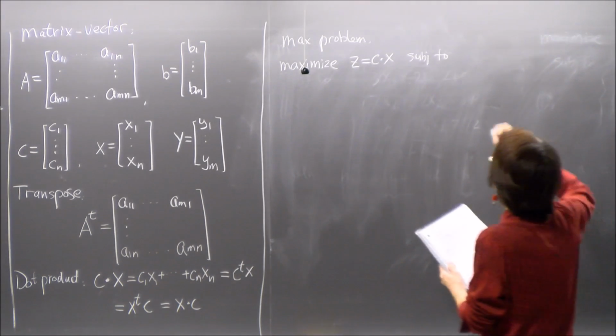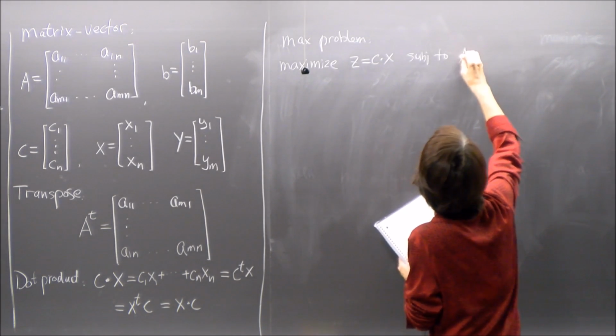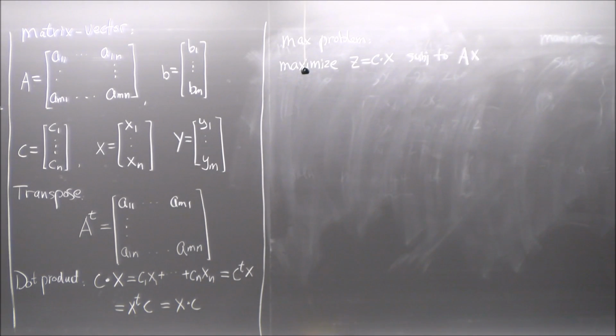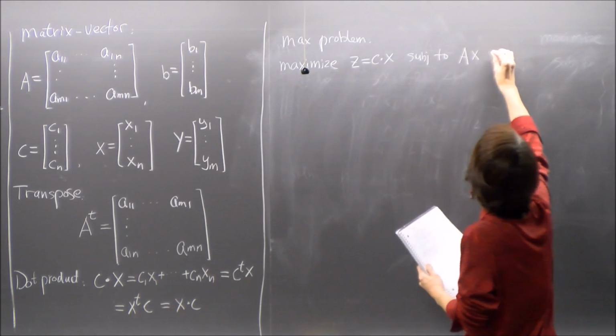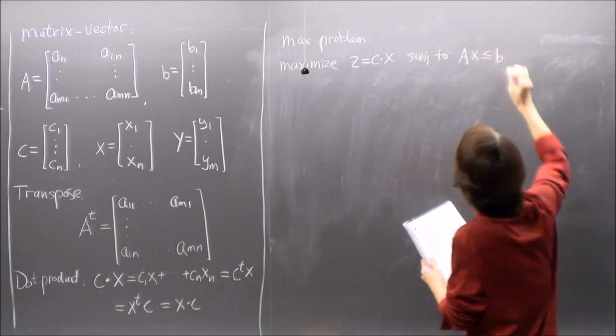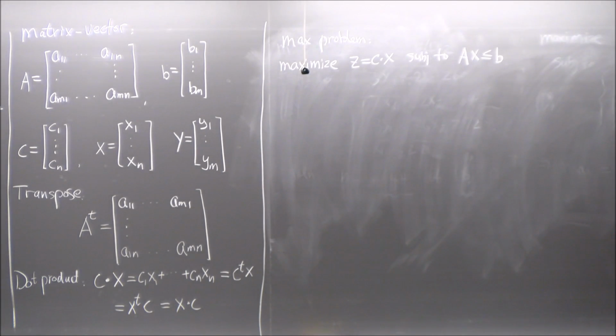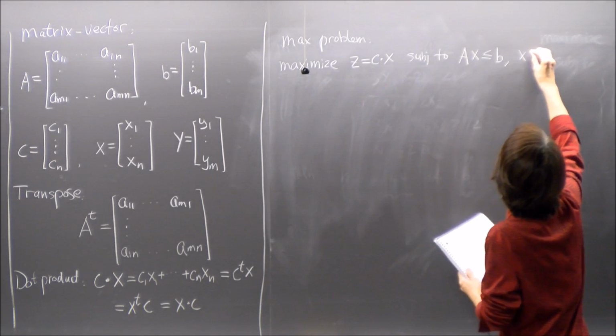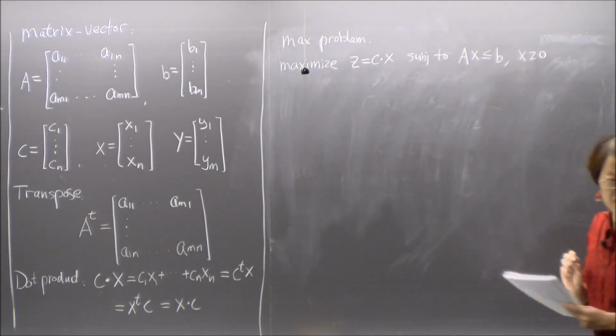The left-hand side is a matrix and vector multiplication. That will give me a column vector of those values, and that shall be less than the right-hand side, which is now in a B vector. Is that clear? All right? And x is bigger than 0.